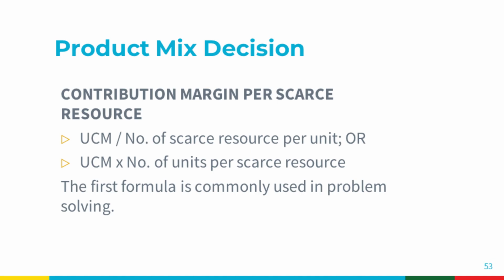Or the second formula is unit contribution margin times the number of units per scarce resource. Okay? Whichever is applicable or whichever is easier to use in your problem, mamili ka na lang. The first formula is commonly used in problem solving. So that would be the ways we can compute for the contribution margin per scarce resource.